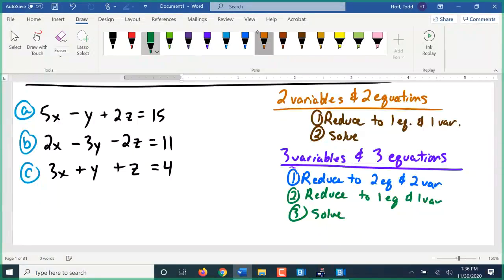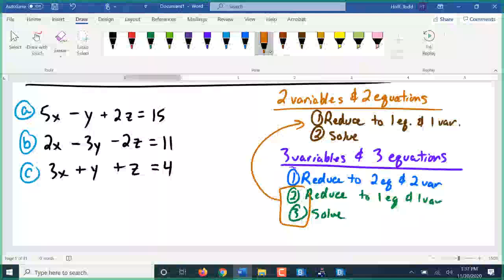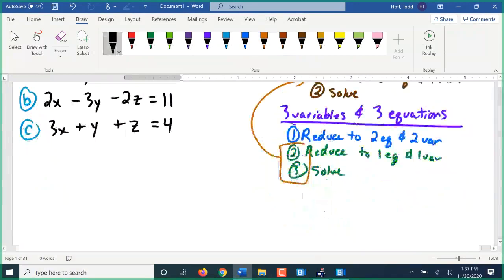Now, I did these last 2 steps in a different color because that's just solving a 2 variable system of equations. So we reduce it from 3 variables and 3 equations to 2 equations of 2 variables, and then we solve that system. So it's all about reduction, getting rid of a variable to make it a simpler system, and then working from there. So today, the method we're going to look at is the substitution method.